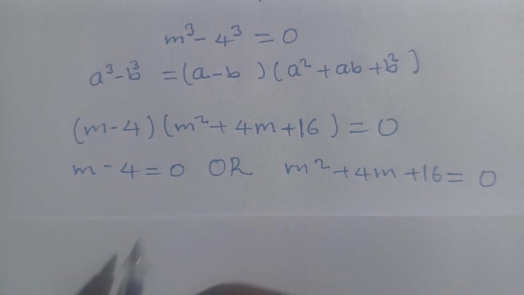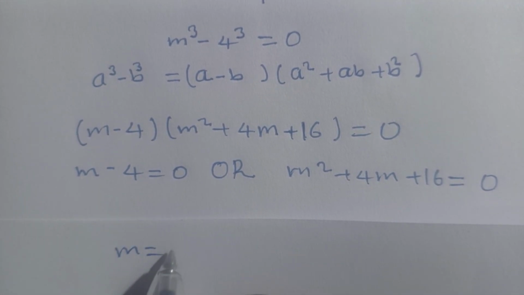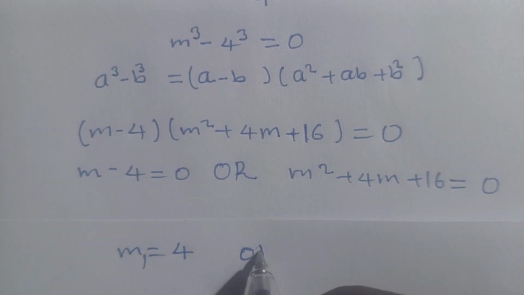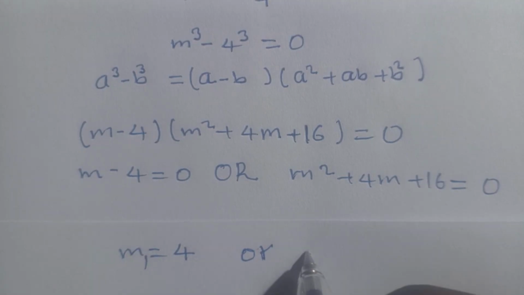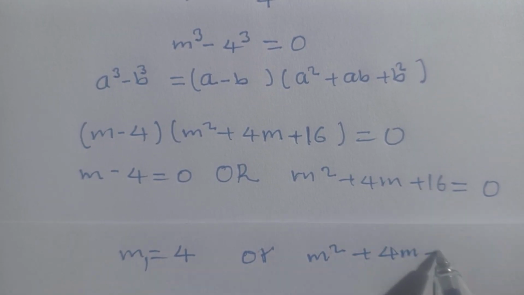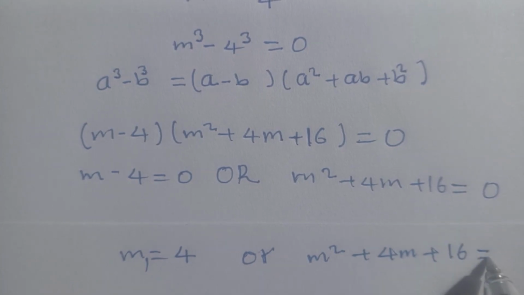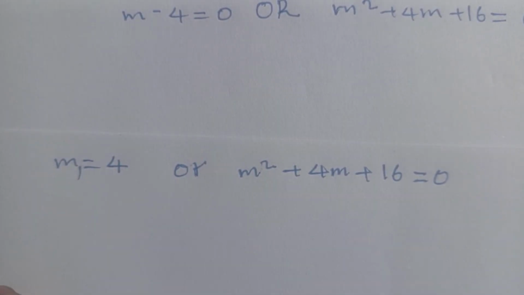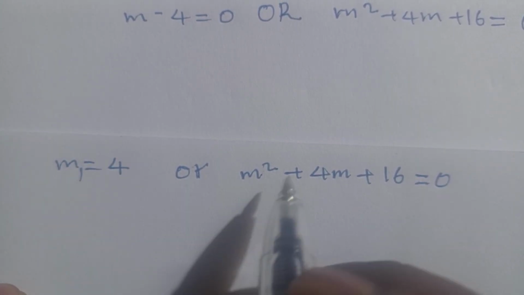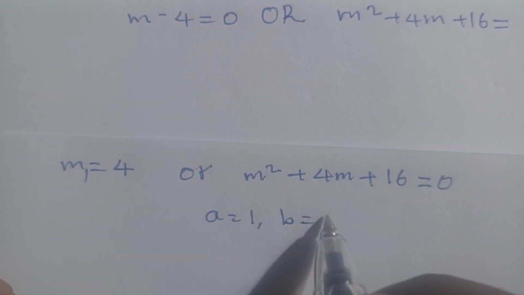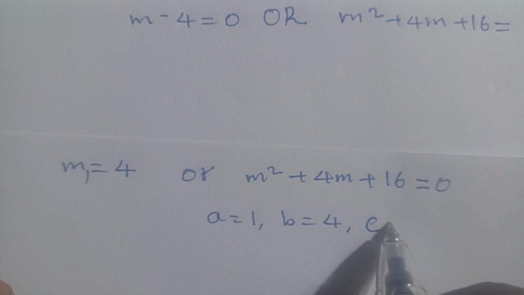Then m equals 4, m1, or the quadratic equation m square plus 4m plus 16 equals 0. A equals 1, B equals 4, C equals 16.